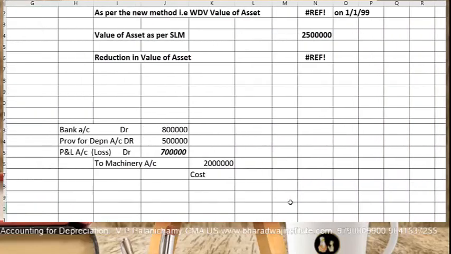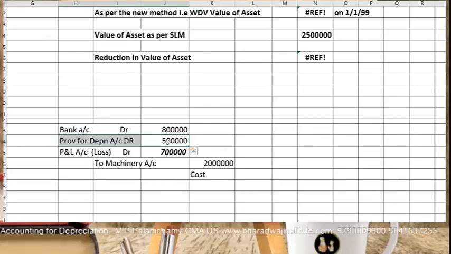Whenever the asset is sold, bank account debit, provision for depreciation account debit, P&L account debit as balancing figure, to machinery at cost price. This provision for depreciation is nothing but accumulated depreciation on the asset sold.